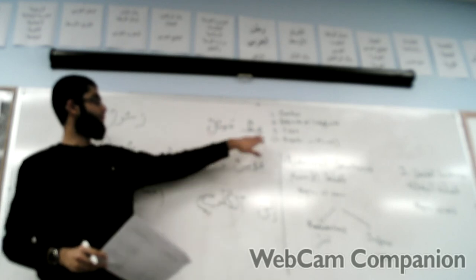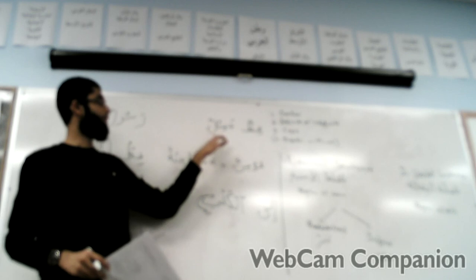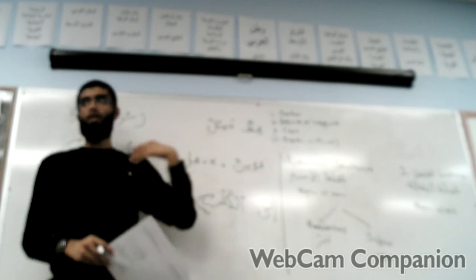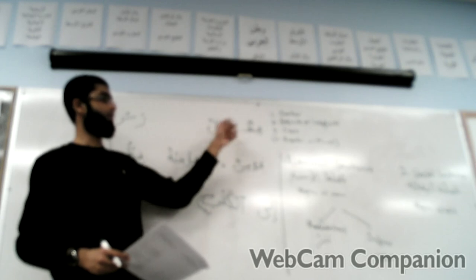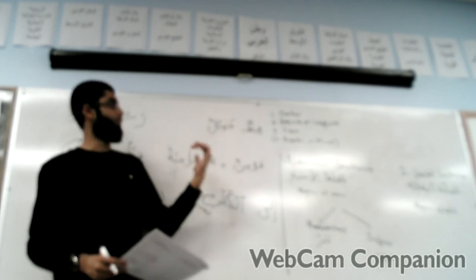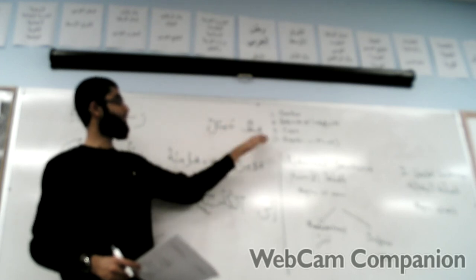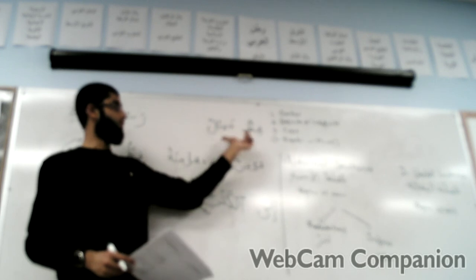Alright? So, qittun is masculine and jamilun is masculine too, right? So you wouldn't say jamilatun, a beautiful cat, with the ta marbuta, because there's a gender agreement. Alright, definite and indefinite, are they both indefinite or definite? Indefinite.